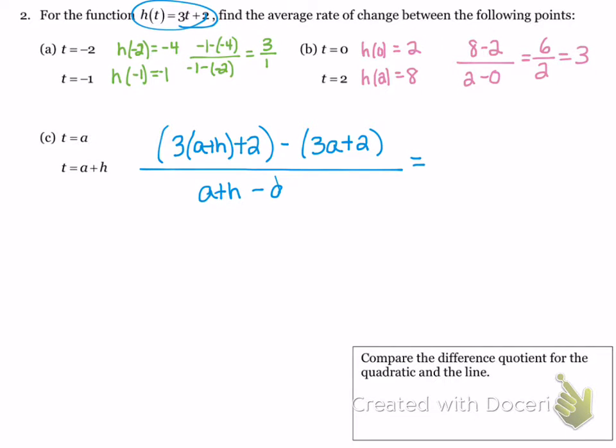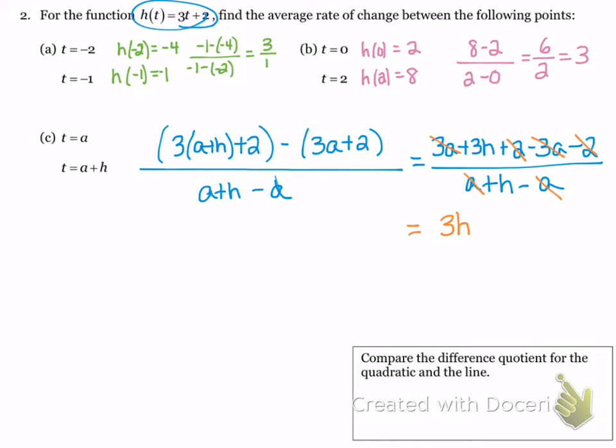I'm going to distribute, and I get 3a plus 3h plus 2 minus 3a minus 2 all over a plus h minus a. And when we cross things out, the denominator a's go away again. My 3a's go away, and so do my 2's. So I'm left with 3h over h, so I'm left with just 3.